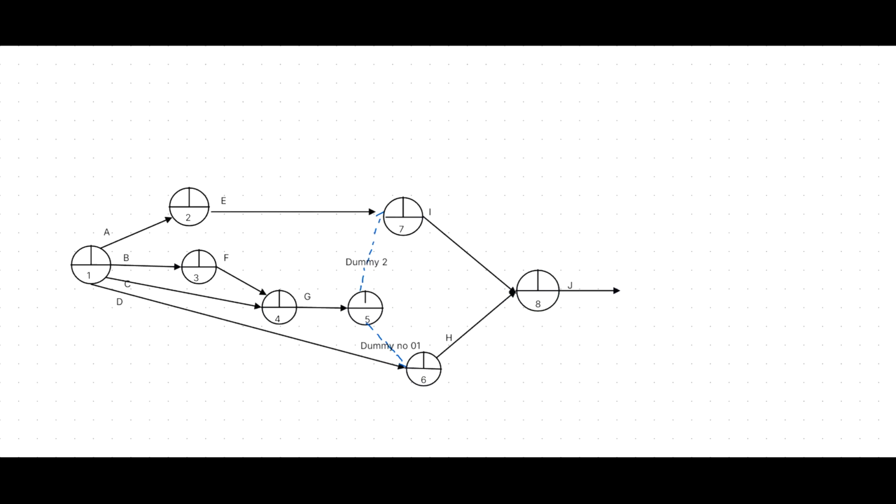DG already completed using the event number 8 is present. Then we can start K. Next, for the L, we should complete J and K. Here the J, here the K, we can complete both to start L.